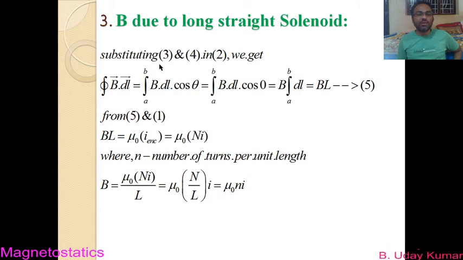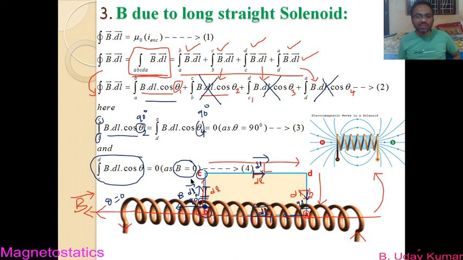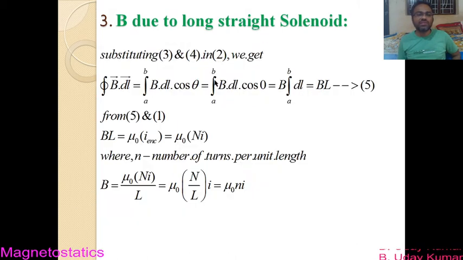So fine, substituting 3 and 4 into the second equation. What are 3 and 4? These are the conditions that we discussed. If I substitute them, the total line integral of the magnetic field around the closed path, I can write as the integral A to B B dl cos theta. I already told you the first term will be left, but along path A to B the angle between B and dl is 0, and hence you get cos 0, which is 1.